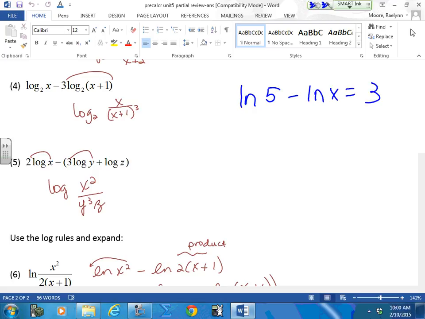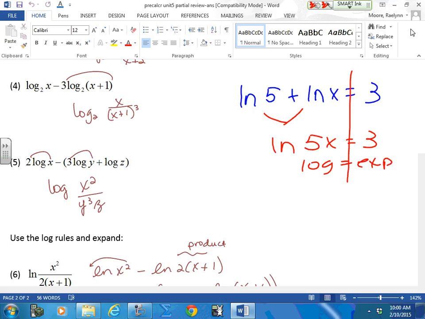Okay. Let's make this different. What do I do here? Put a line down the equal sign. When you added, you were multiplying. You get this into one log. Now, you only have logs on one side. You can't put a log on the other side. You can't get rid of it. You have to flip this to an exponential equation. Log equals exponent.